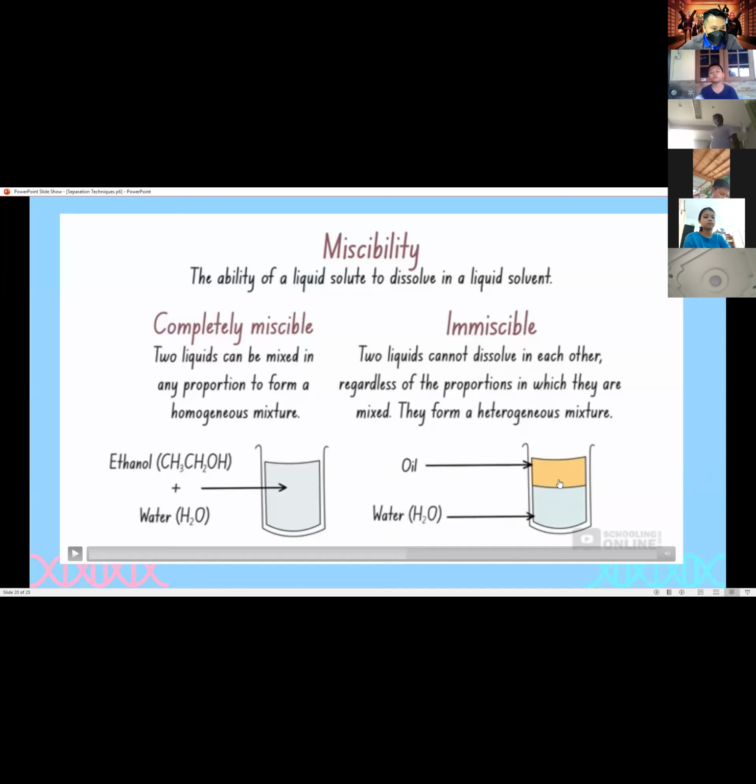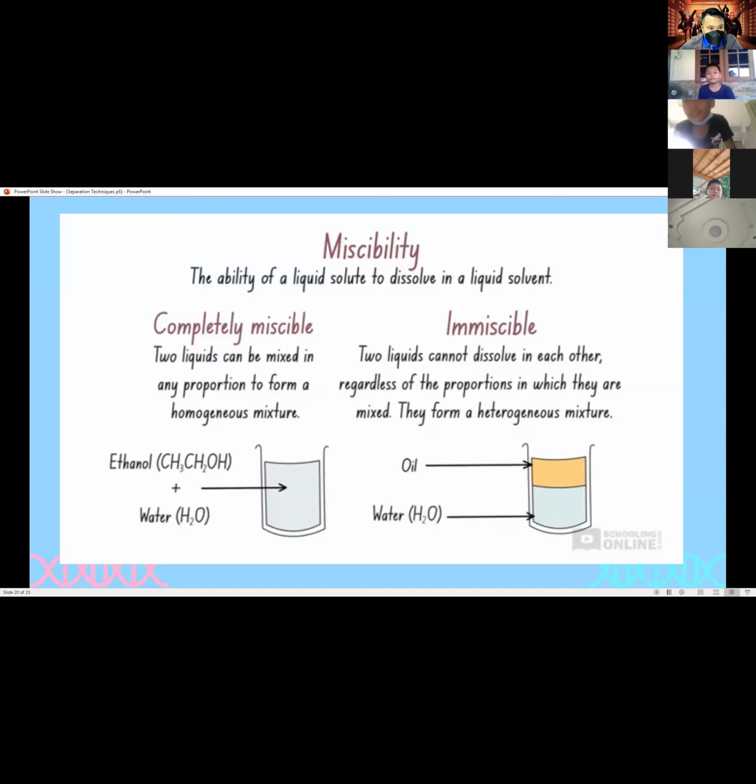Do you understand? Always remember that oil floats on any kind of water. If you have the water and you put oil, the oil will float on top.